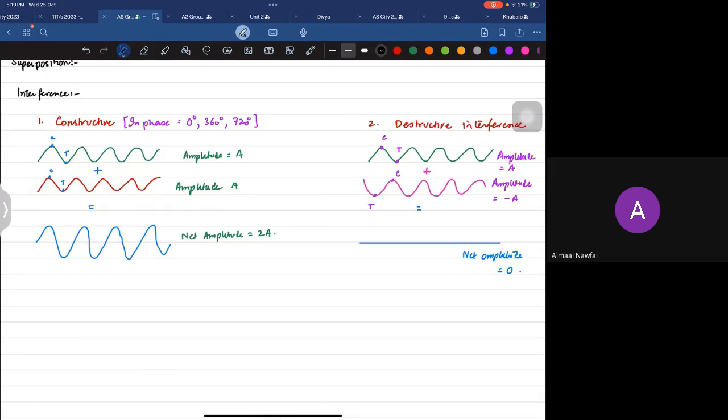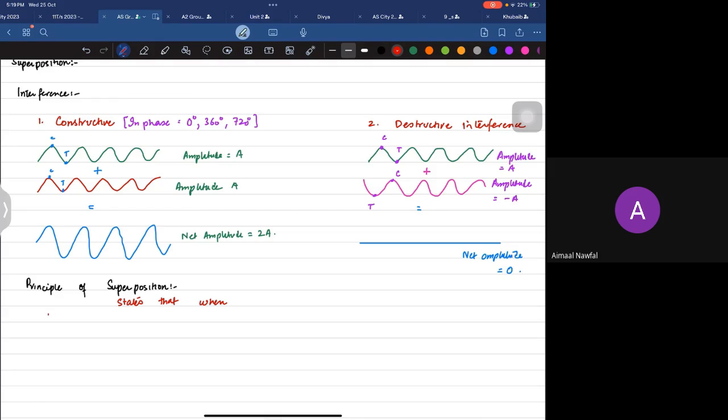That principle is basically called the principle of superposition. So the principle of superposition states that when, you guys need to basically remember the keywords in this, all right?